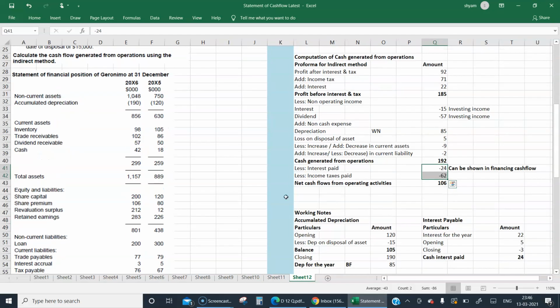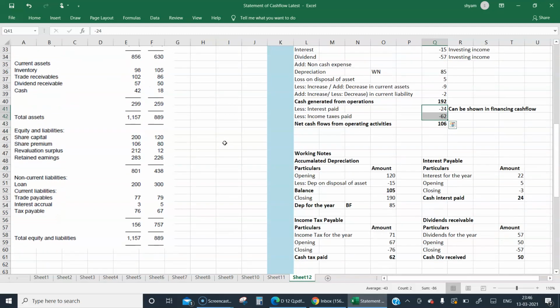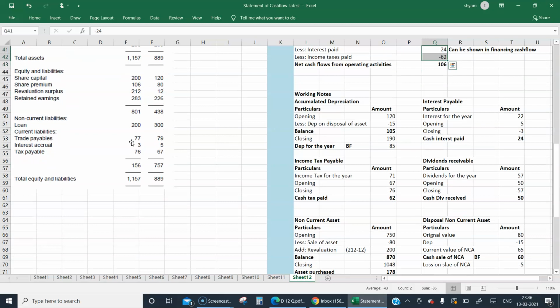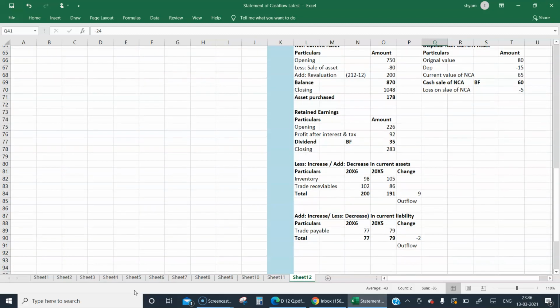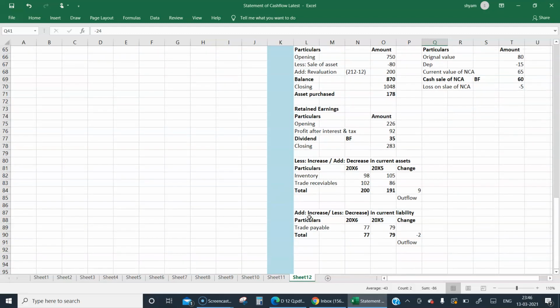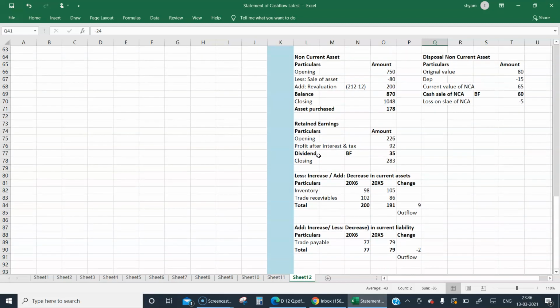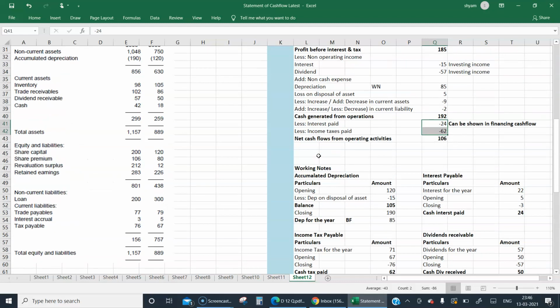Thereafter we had the current asset, current liability adjustments. So inventory, trade receivable, and trade payables we adjusted. Then we try to find out what would be the equity side.